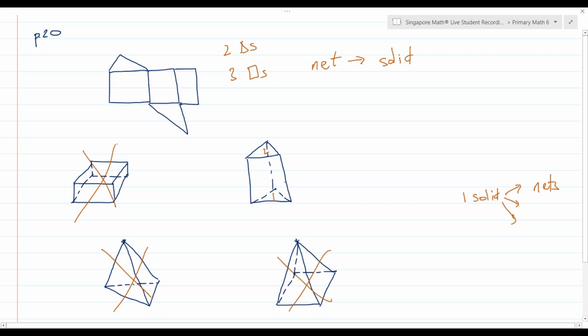There are 2 triangles, there are 3 faces that are rectangles, and that's what this is going to fold up to become. Whether or not you can picture the fold is a little bit of a different question, but it's easy to tell what solid is formed, in this case especially, because it's the only solid that we're given that has at least the minimum requirements of 2 triangles and 3 rectangles.